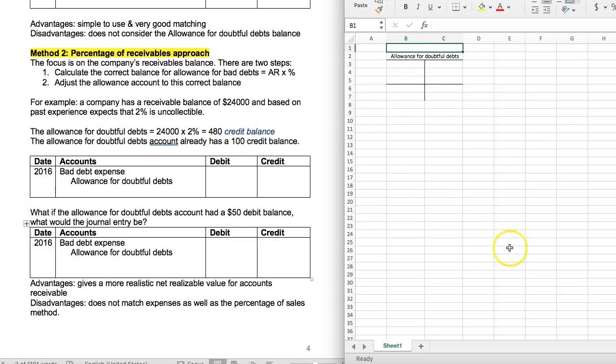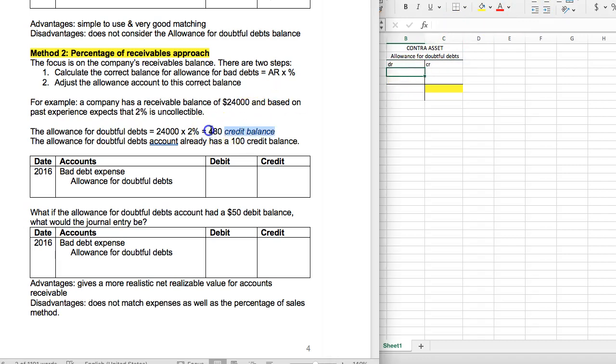All right, so I've opened the T account for allowance for doubtful debts. So remember that this is a contra asset. So the ending balance for any contra asset is going to be on the credit side. The credit side is the increase side and the debit side is the decrease side.